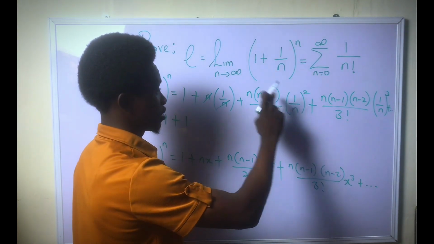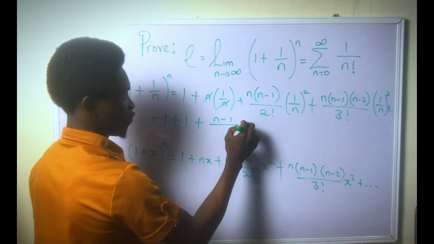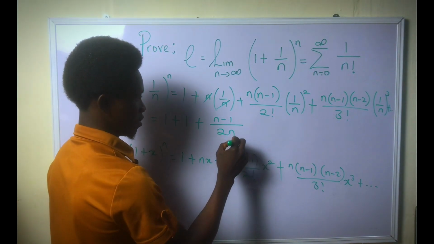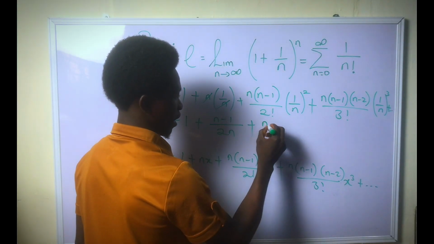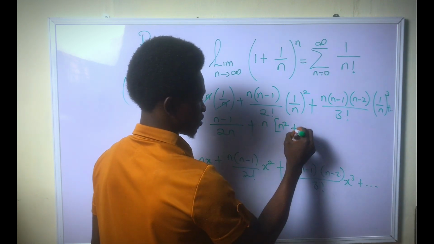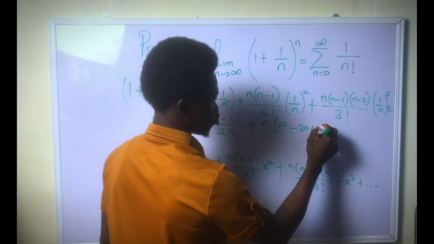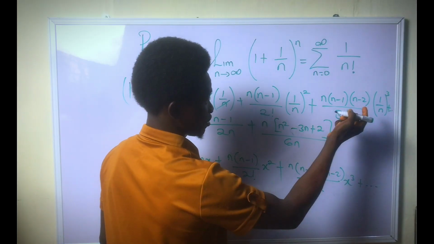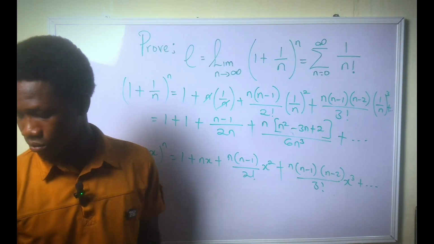So this n squared here cancels this n, so I still have plus n minus 1 over 2 factorial, which is just 2n, plus, then this one here is going to give me n into n squared. If I should do this minus 2, that's n squared minus 3n plus 2, then over 6n cubed, right? Then plus so on and on.